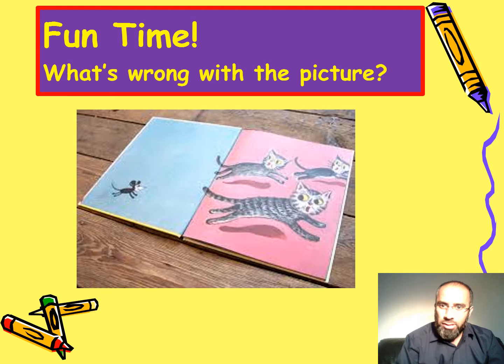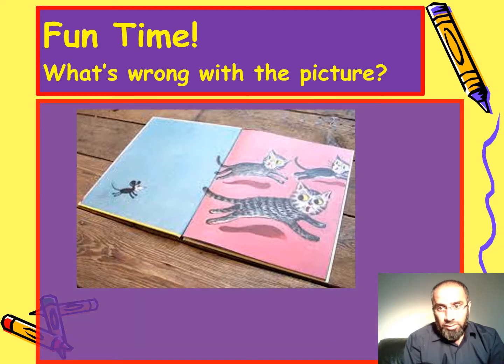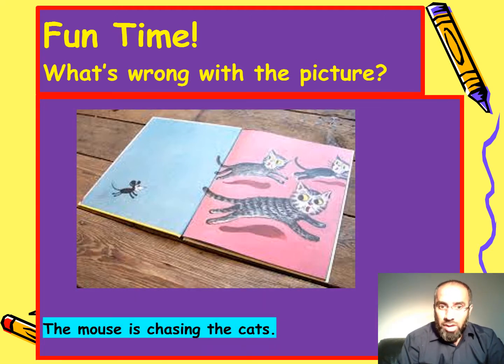What about this one? Yes, so the mouse is running after the cats. Is that real world? No, it's the opposite. In the real world, the cat will run after the mouse. So the mouse is chasing the cats.